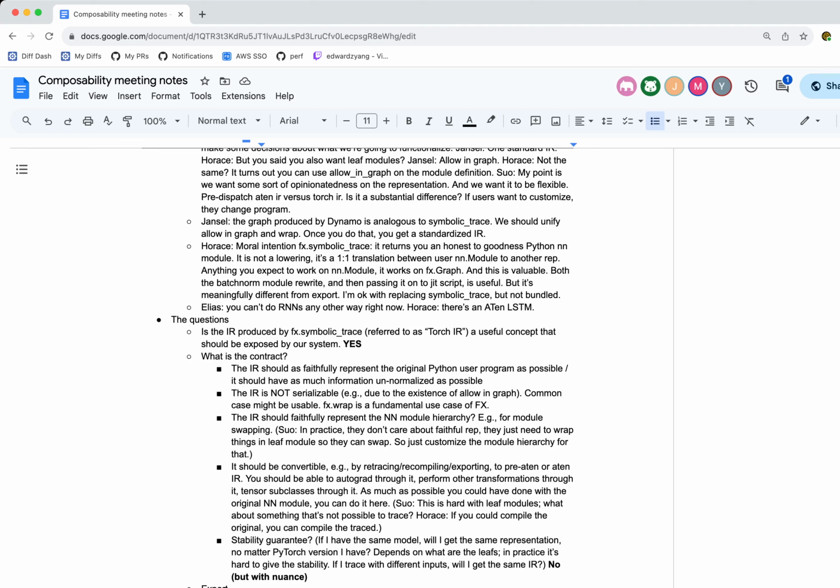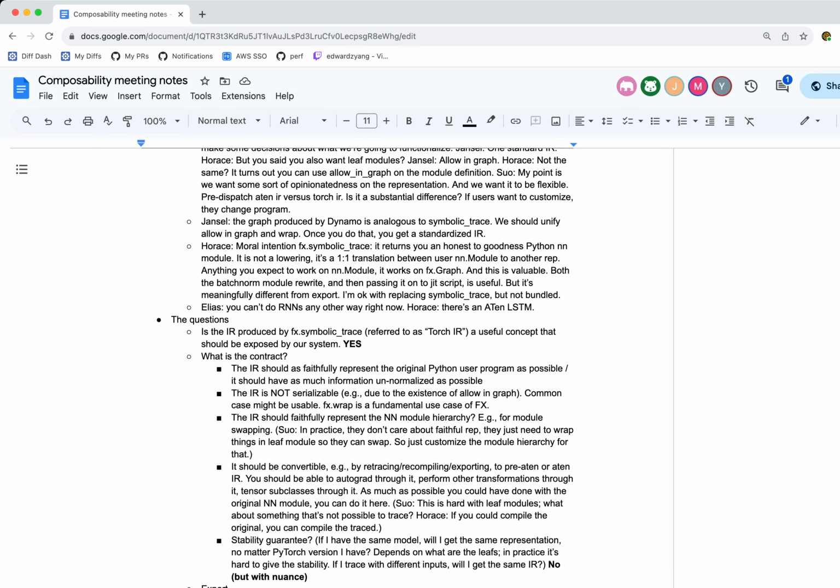But in that case, we may as well not expose torch.export anyway because we have a more unbundled version of it. Yeah, it would either not exist or just be a convenience function. Michael, I think the distinction here is that export normalize takes an FX graph, whereas torch.export, as it exists today, takes a callable. Right.